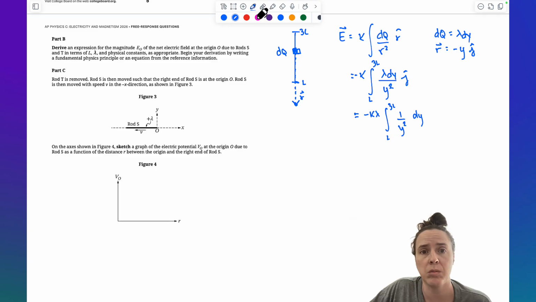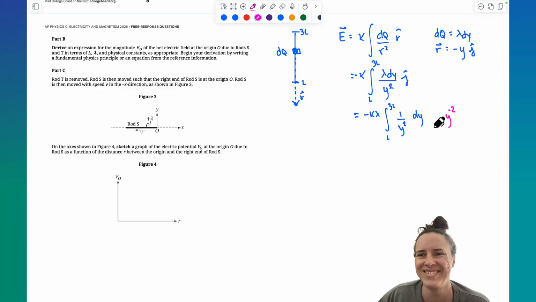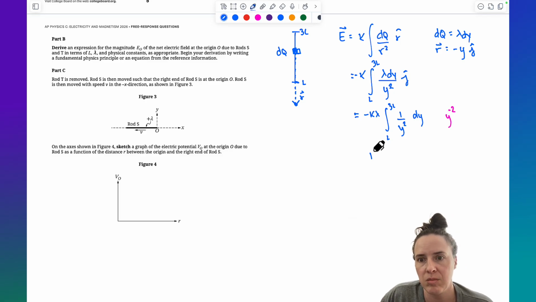All right, don't judge me, but if I'm integrating this, I still have to write it as that, 30 years later. So if I'm going to add 1 and divide by the result to integrate, that's going to give me k lambda over y, flip the sign. So it's going to be positive, L to 3L.